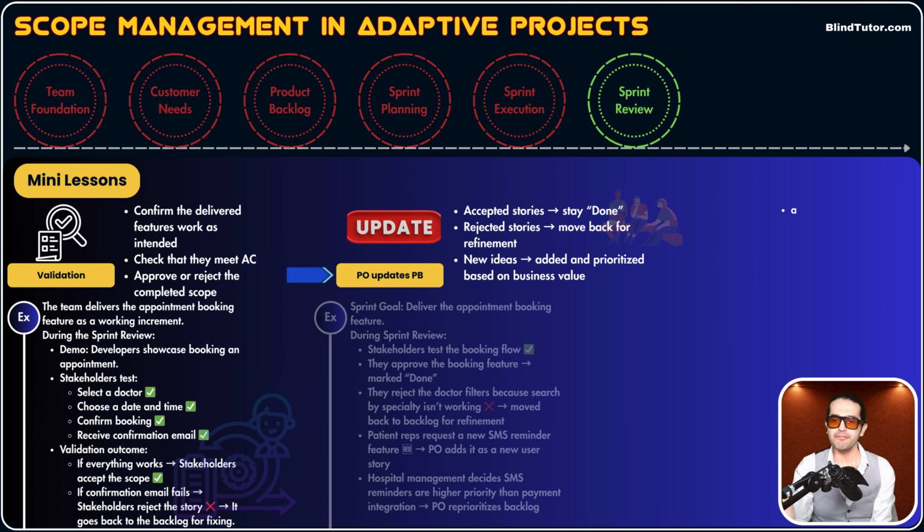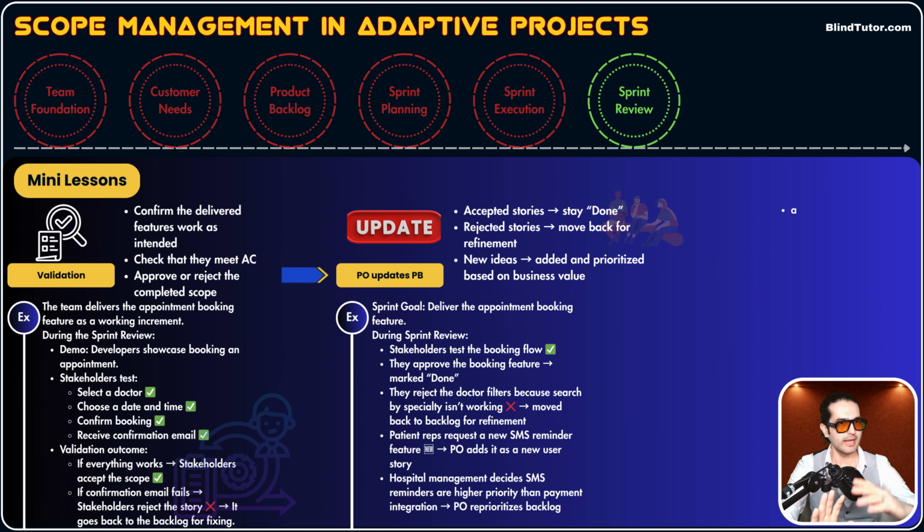Now, if the features are accepted, we update the product backlog, we update that user story and check mark that user story as done. If stakeholders reject our feature, reject our working increment, we get feedback. Why did you reject it? And they may say, okay, it didn't do what was expected, so I rejected it.